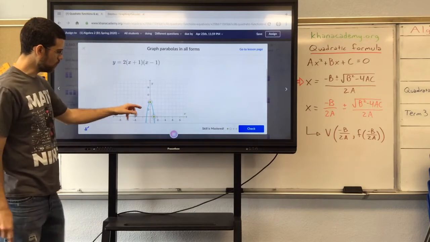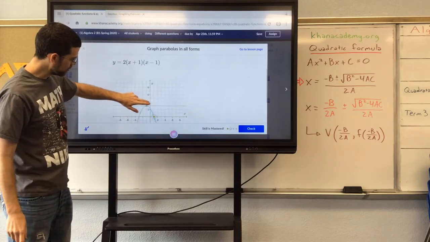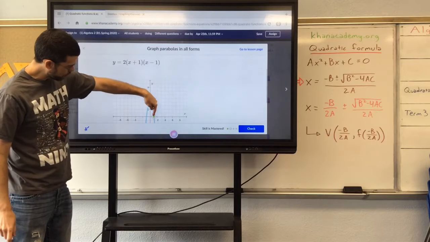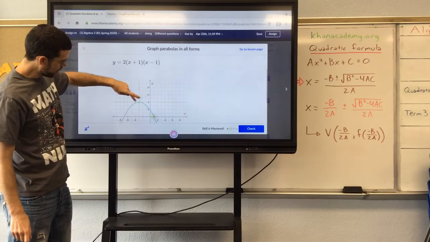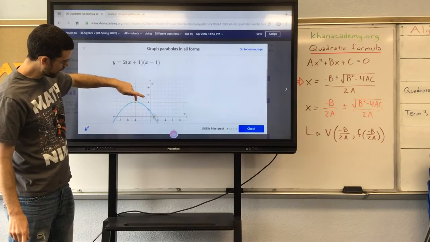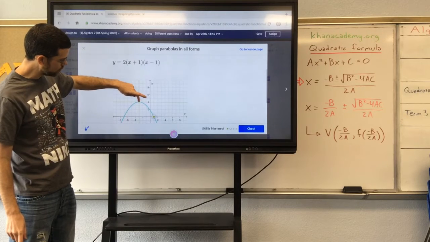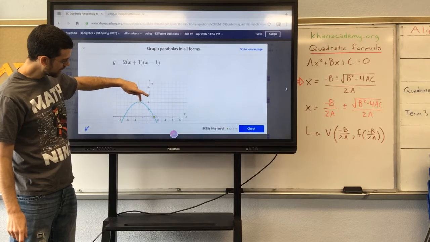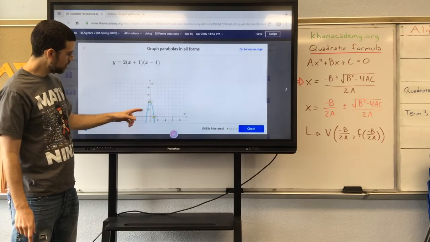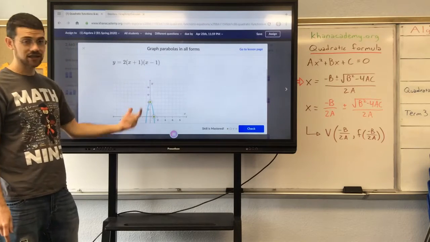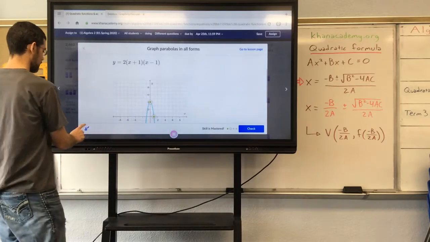1 and negative 1. Now if I move the vertex around here, that point stays put, but the other one moves around. So the x-coordinate I can use for my vertex has to be halfway between 1 and negative 1, which means x has to equal 0 for my vertex.